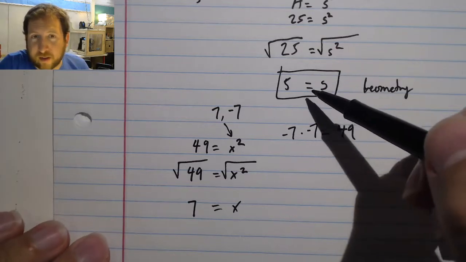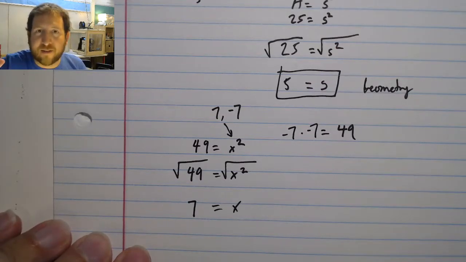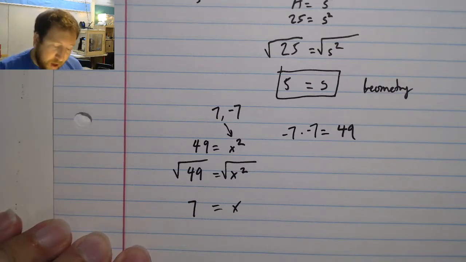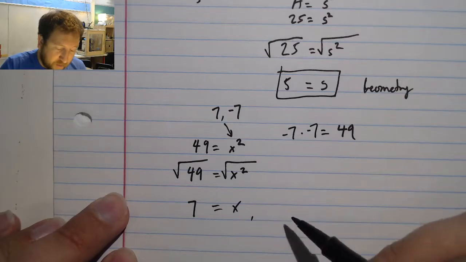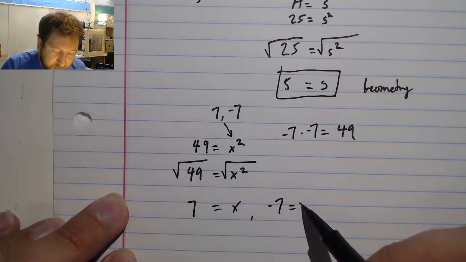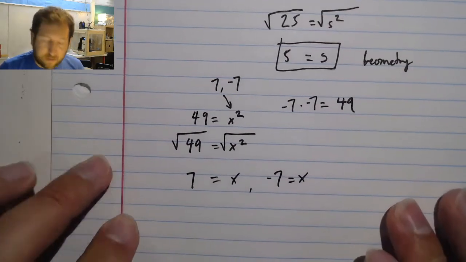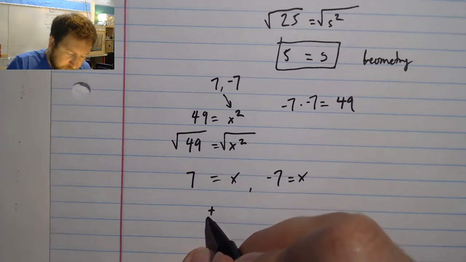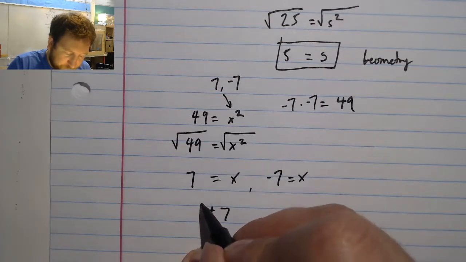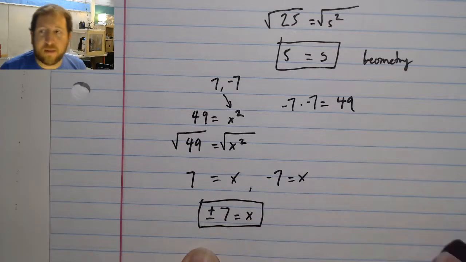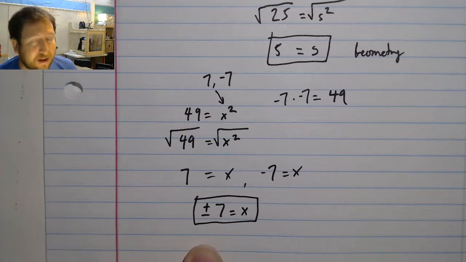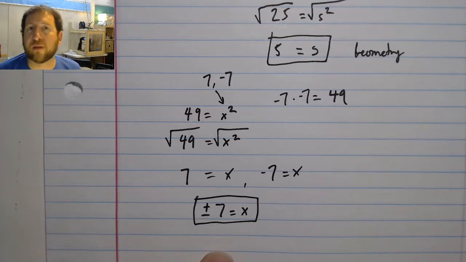Unless, of course, I'm talking about geometry, and in that case, a negative 5 measurement doesn't make sense. But when I'm talking about math, I will have this. Instead of writing 7 equals x, or negative 7 equals x, the simplest way to write it is plus or minus 7 equals x. And that means positive 7 and negative 7 will both satisfy the requirements.